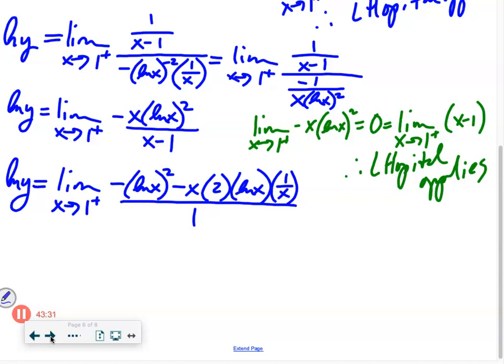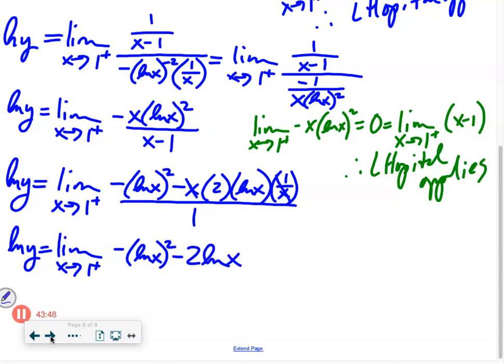All right, so if we clean this up, this and this cancel. So we have negative ln x squared minus 2 ln x.